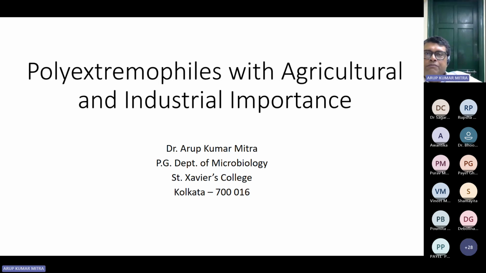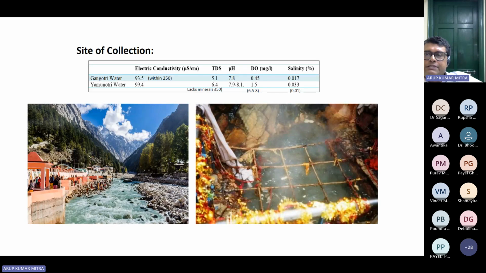Now, the journey from extremophily to polyextremophily is very interesting, because the organisms that I collected were from quite a high altitude of 3,500 meters, in Gangotri next to the Gangotri Ghat, and also Jamunotri, the hot water spring, which has a high TDS content, which is quite obvious.